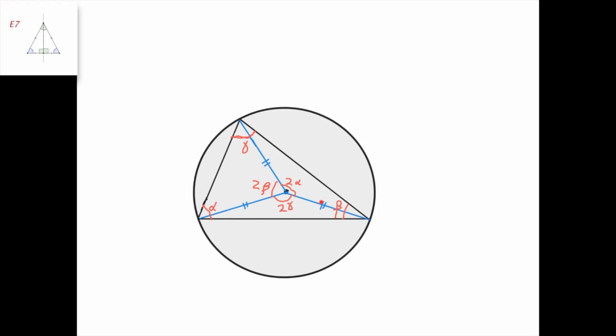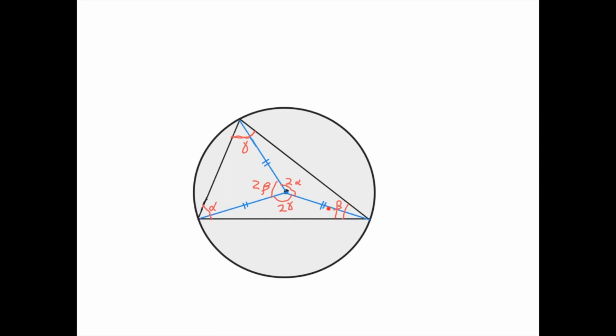Furthermore, this isosceles triangle here gives us that this angle equals this angle, but their sum equals 180 minus 2 gamma. So each of them must equal 90 minus gamma. Similarly, we can find the angles in the other 2 isosceles triangles. So this here is the full picture that we get with all the angles.